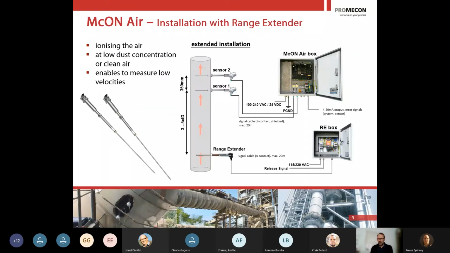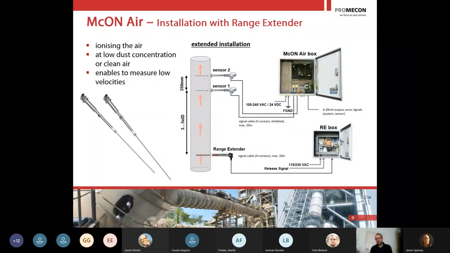It also gives quite a benefit if we are looking for low air velocities or low flow velocities, which is basically starting at 3 meters per second. Then this range extender is also beneficial because you get at low flow velocities already quite high and good repeatable signals for the evaluation.